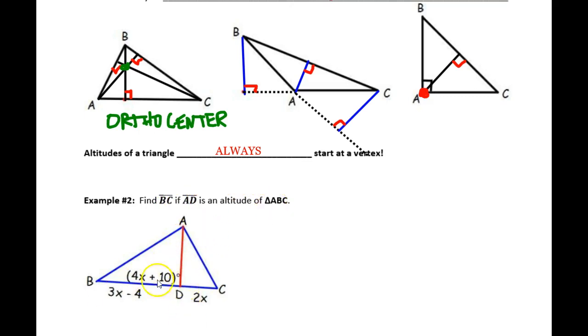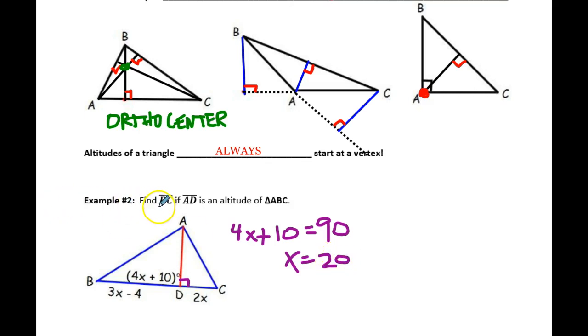So if this is an altitude, then I know that this must be perpendicular. So 4x plus 10 must equal 90 degrees. So that's how I can solve for x. That's how I would set it up. 4x plus 10 equals 90 degrees. So x equals 20.